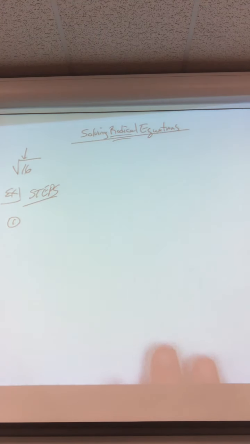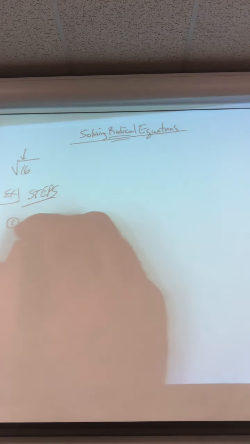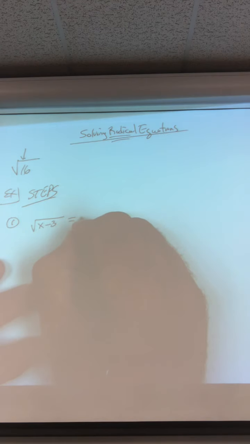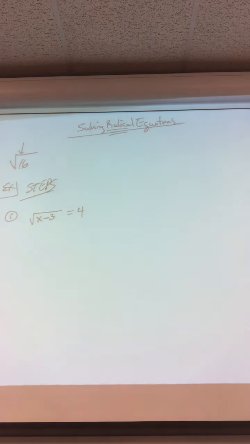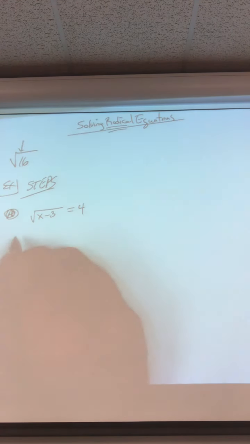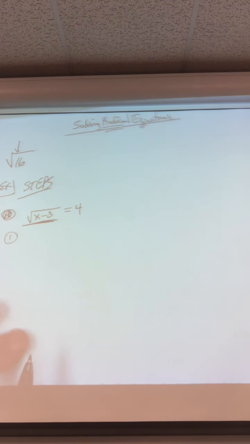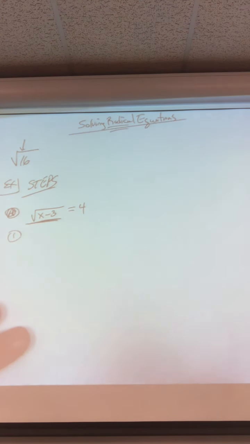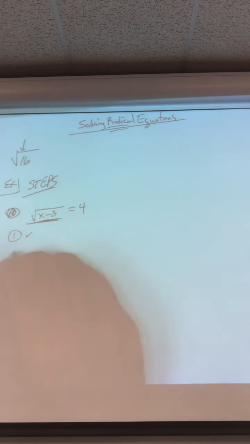The instructions here, solve the following. Let's call this example A. Okay, here we go. Step 1. Get the radical term on a side by itself. It is. So there's nothing to do on the first step.